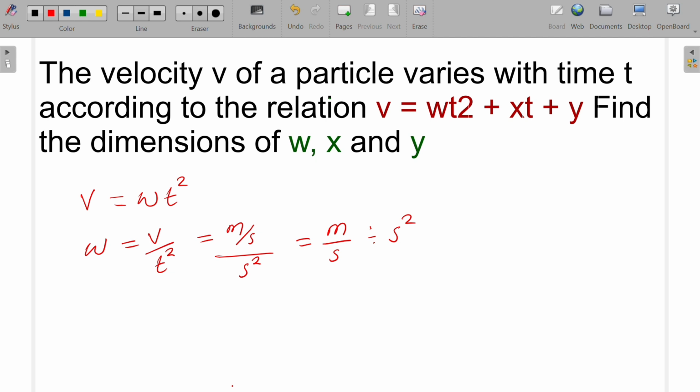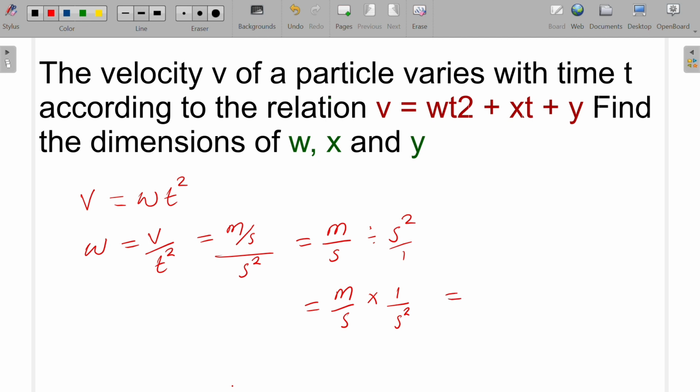We can do mathematics here by saying our m over s, instead of using a division, we'll change that to multiplication. And when you do that, remember we need to switch the denominator and the numerator. So this is like over 1. When we switch it, we're going to have 1 over s to the power of 2.